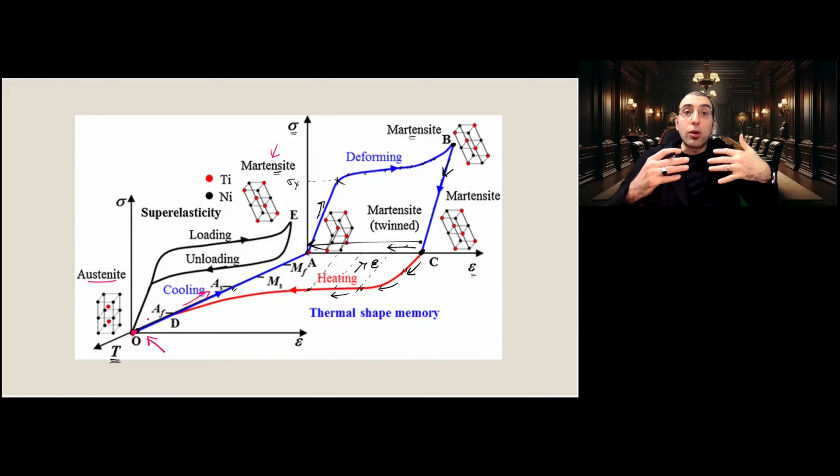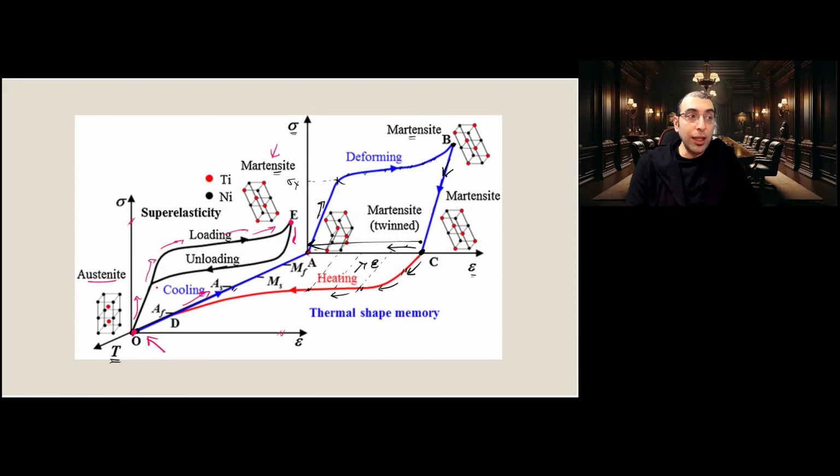When you now start deforming in the austenite phase, as you can see on this stress strain curve, this is your loading. You are loading along this line, like that, up to point E. And then when you unload, it's not like point B. Because you are already at the high temperature austenite phase, at point E, when you start unloading, it unloads like that.